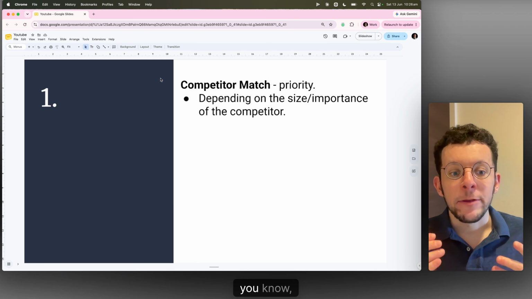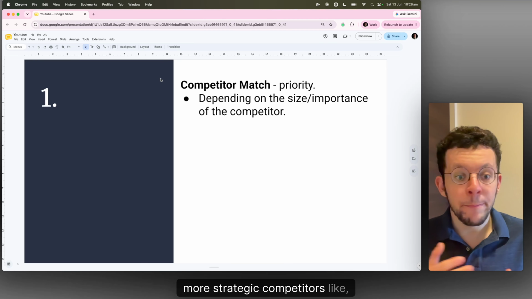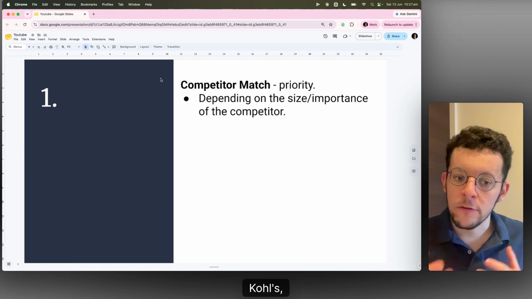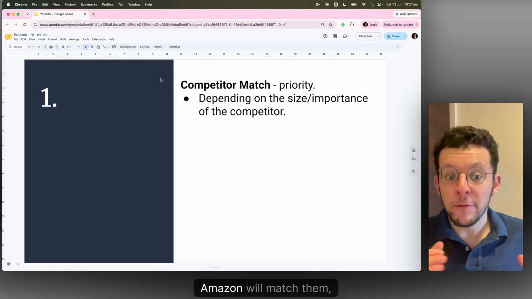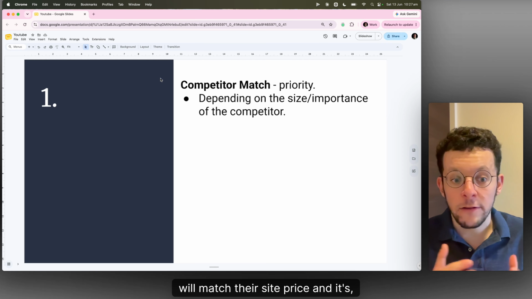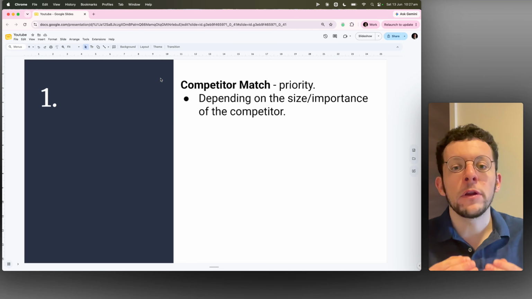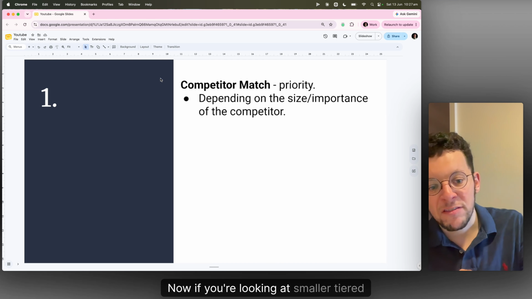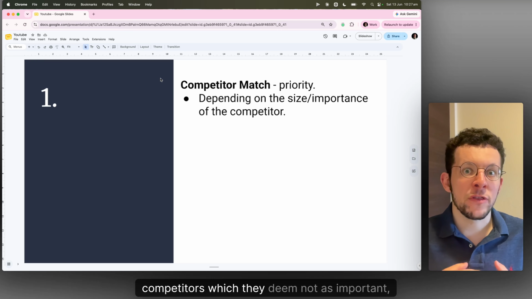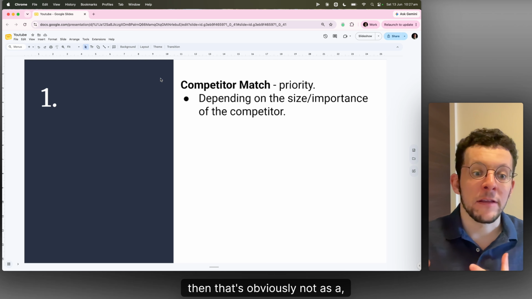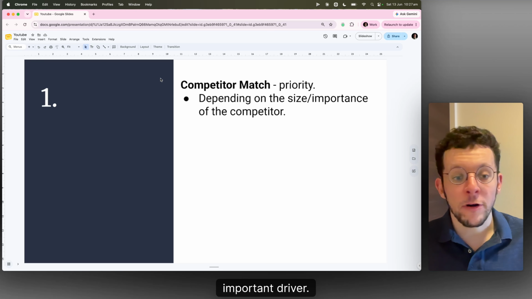So, bigger, more strategic competitors like Tesco, Walmart, Woolworths, Coles, the big guys, Amazon will match their site price, and it's the most important driver in their system. Now, if you're looking at smaller tiered competitors which they deem not as important, then that's obviously not as important a driver.